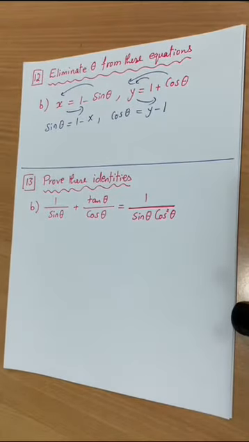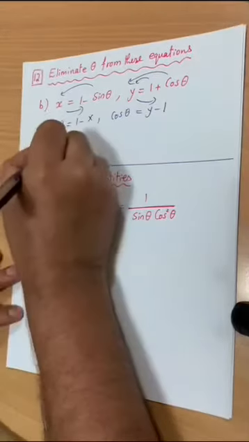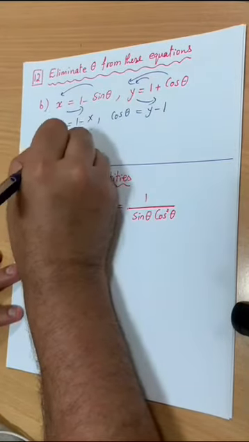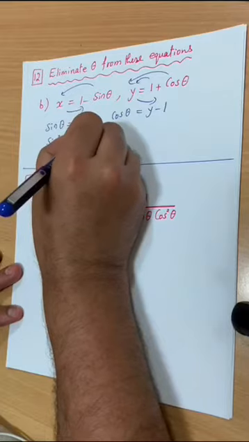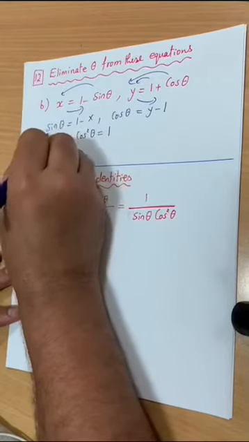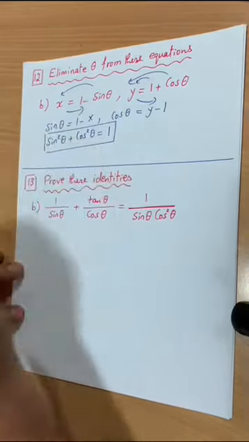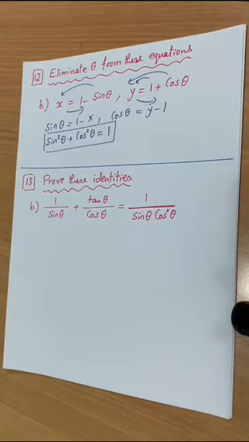The only identity that you can work with to eliminate theta is the Pythagorean identity, which is sine squared plus cosine squared equals 1. Someone will ask why we couldn't use the other ratio, sine over cosine equals tan. It's because we didn't have tan theta. I know we can replace sine theta and cosine theta in terms of any other variable, but what are you going to do with the tan?